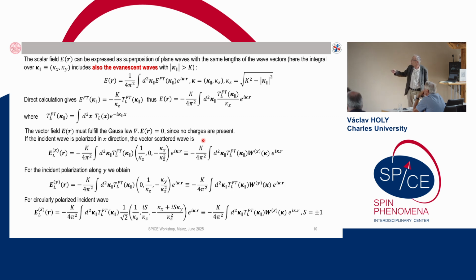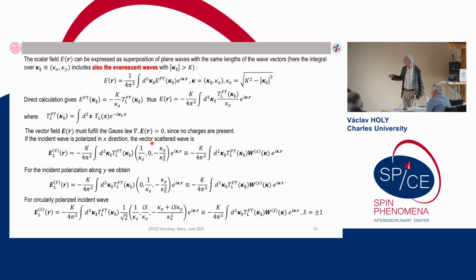Yeah, but this is only the scalar wave, and of course the wave is vectorial, and the polarization or the direction of the E wave can be determined from the Gauss law, namely that the divergence of E is 0 because there are no free charges.